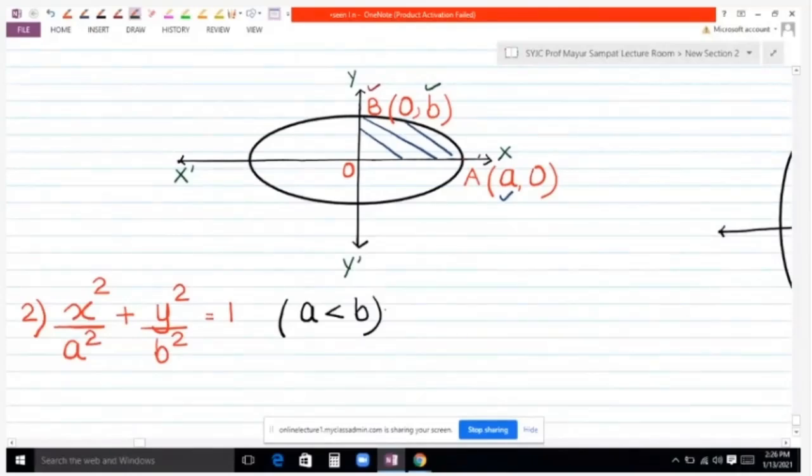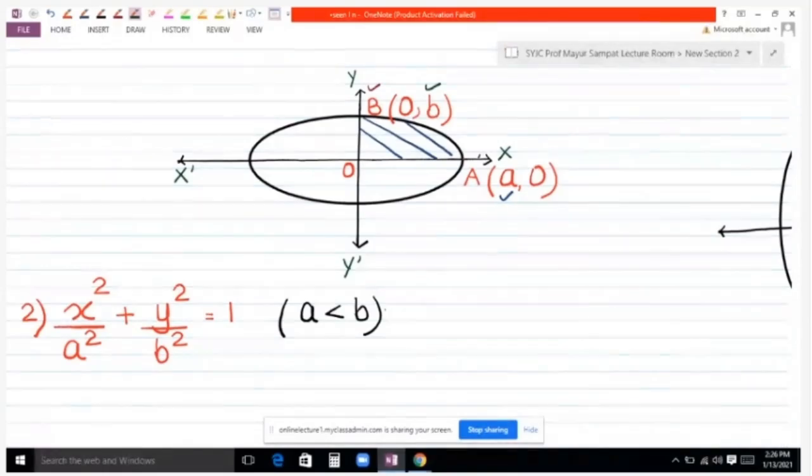Do you understand what I am saying? From the diagram you can make out that this ellipse is elongated along the x-axis. Like a circle, the ellipse has been divided into how many equal parts?